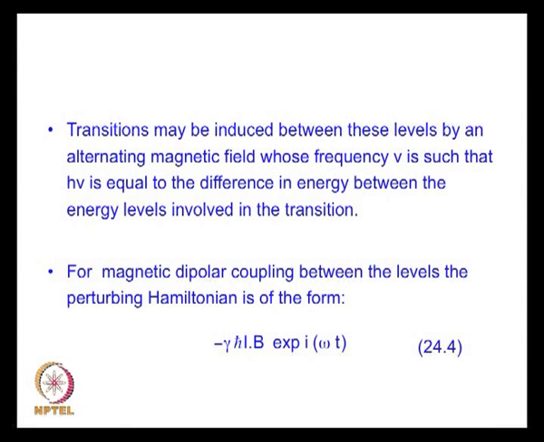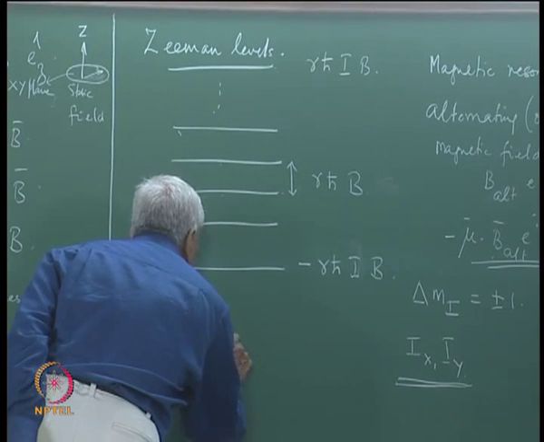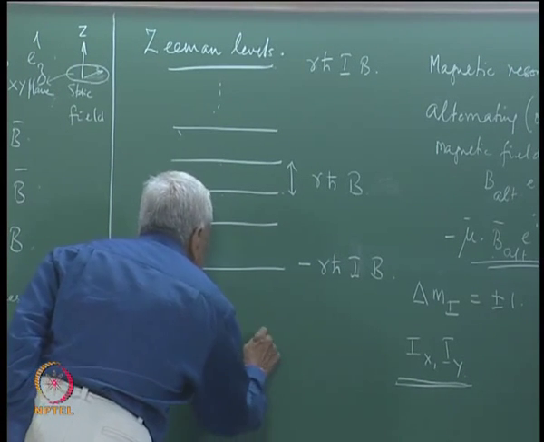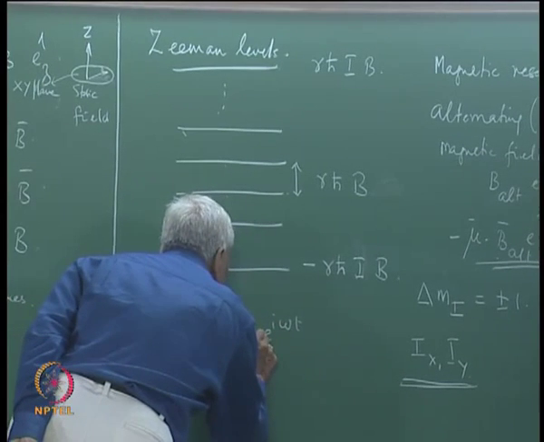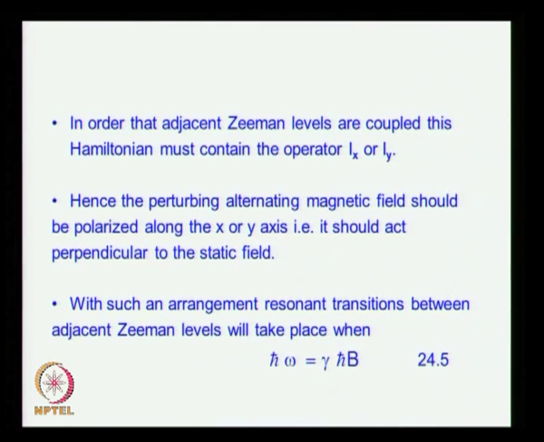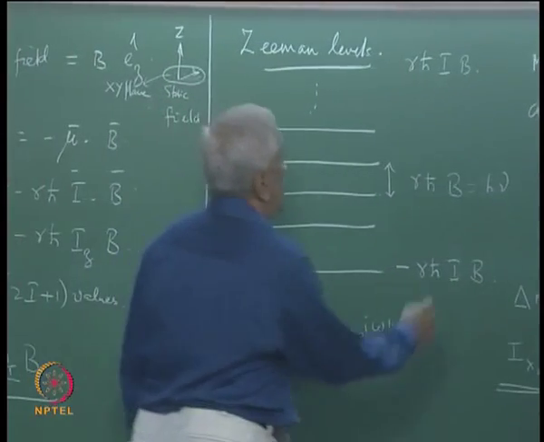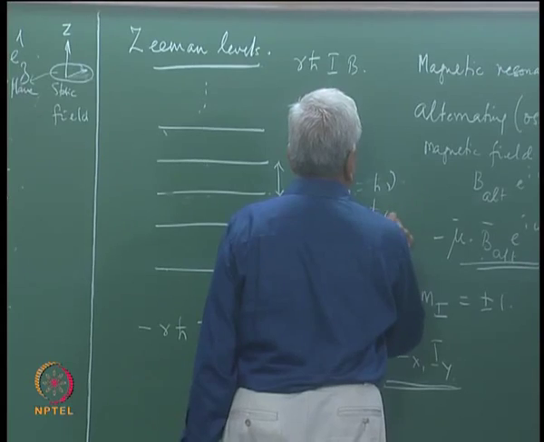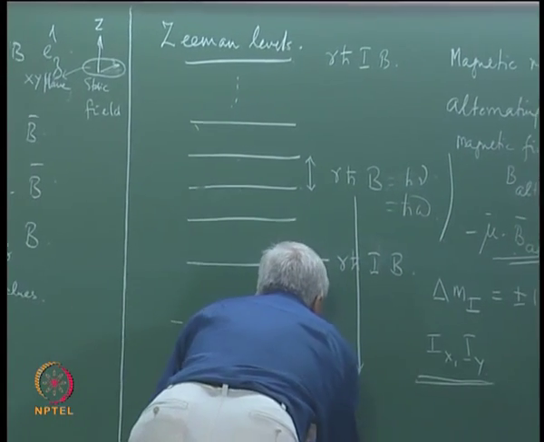So, for magnetic dipolar coupling, we can write this as minus gamma h cross Ix or y e to the power i omega t B0 B alternate, in which case the matching of the energy level should be such that this should be h nu or h cross omega. So, that is known as the resonance condition.